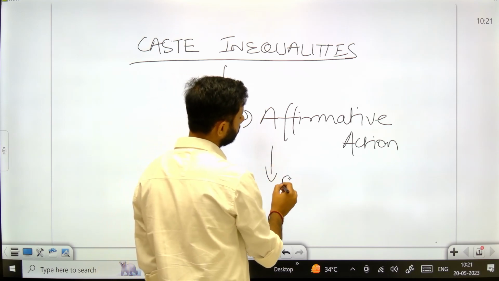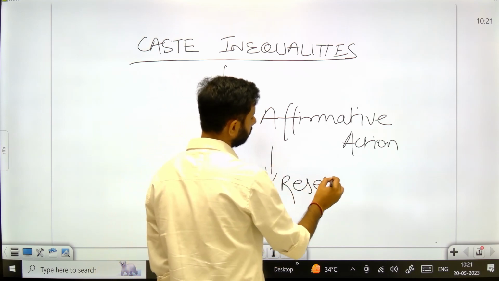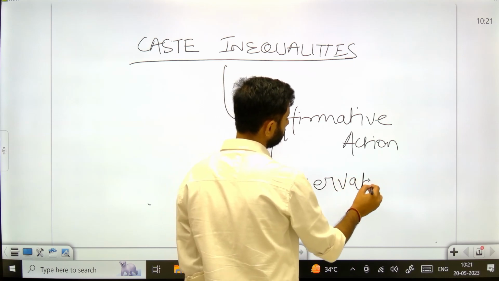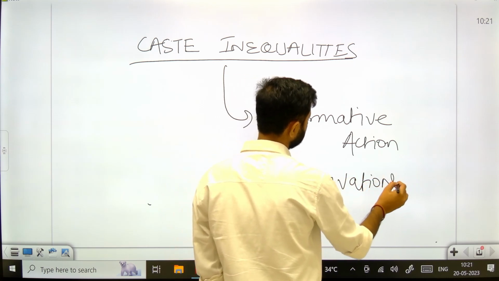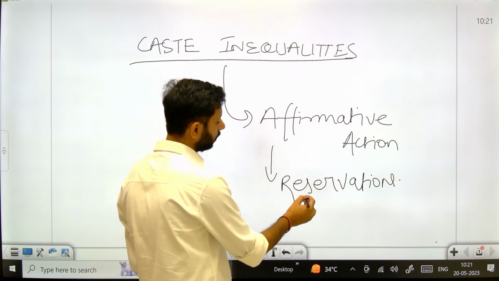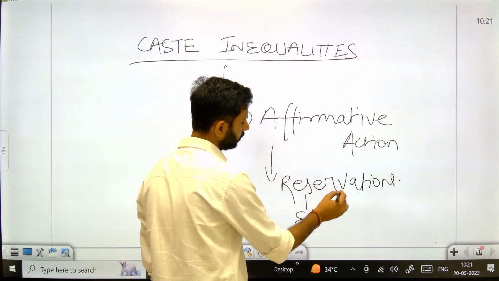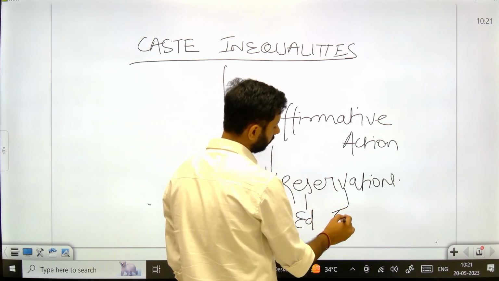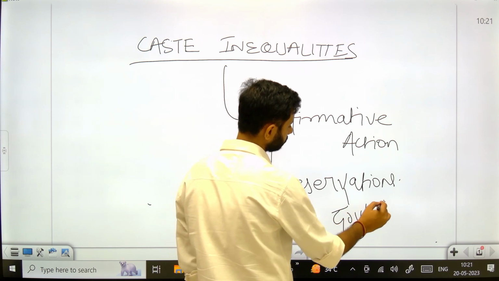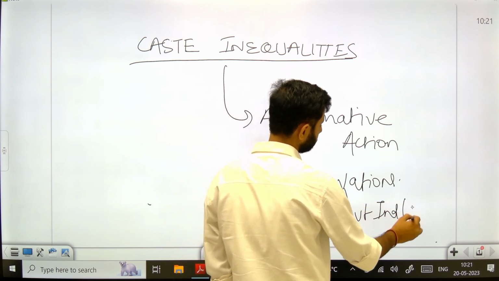That means the government has provided the policy of reservation in educational institutions, in government industry such as PSUs.